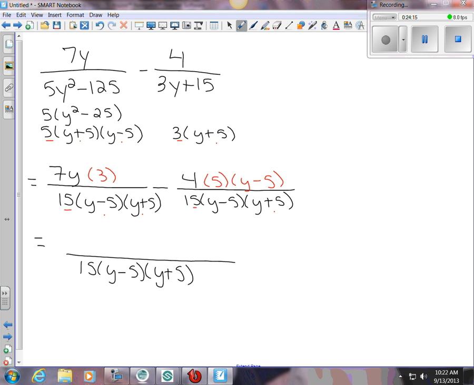So first one, this is going to become 21y. Now be careful. What is it that I'm going to be multiplying by? 20, and I want it to be what? Negative. I want that negative with it. So I'm going to be distributing a negative 20. So this becomes minus 20y plus 100.